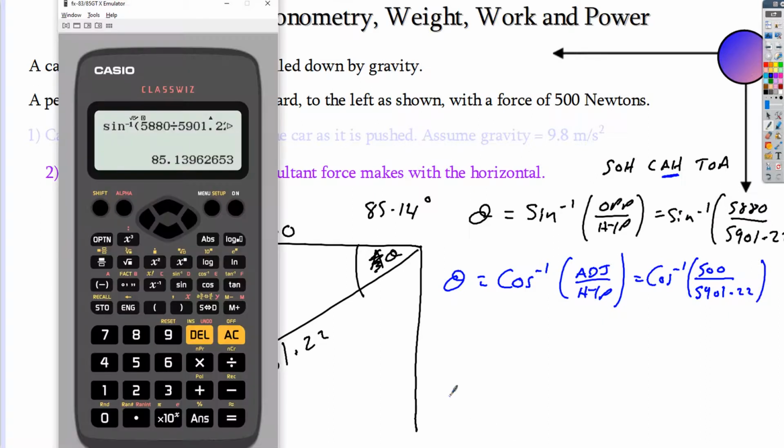And if we get a different answer, I'll be very surprised. So to get cos to the minus 1, you do shift cos, then 500. Over means divide, so we press divide.